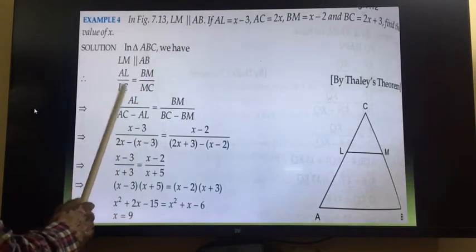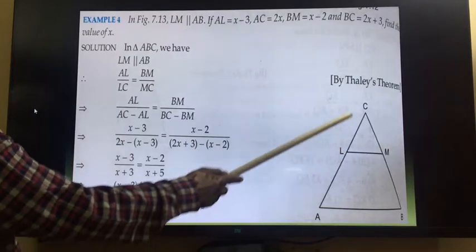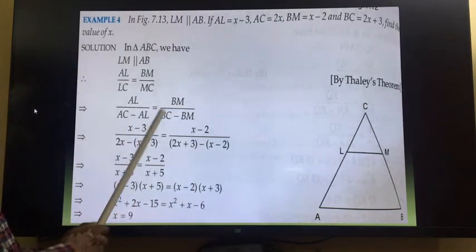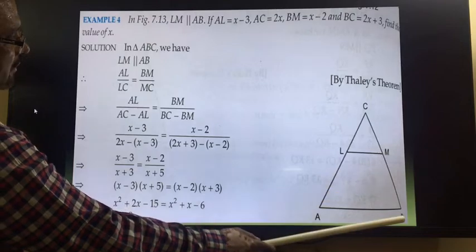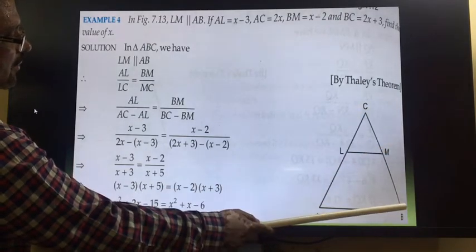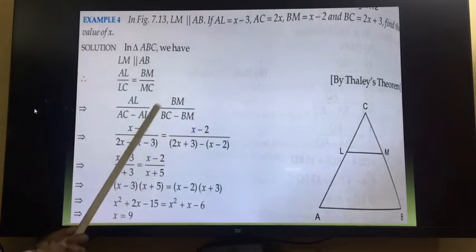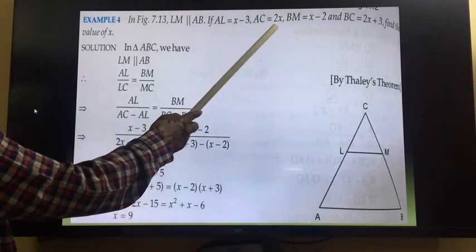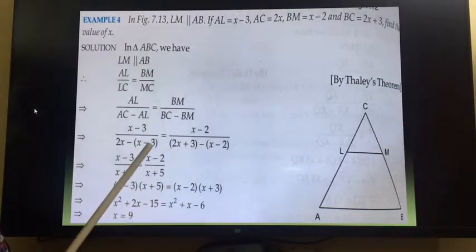So AL upon LC, we can break LC distance: it is equal to AC minus AL. So AC minus AL is equal to BM upon MC, and MC we can write BC minus BM. Now put the values of AL, AC, BM and BC, because these are given, and simplify.